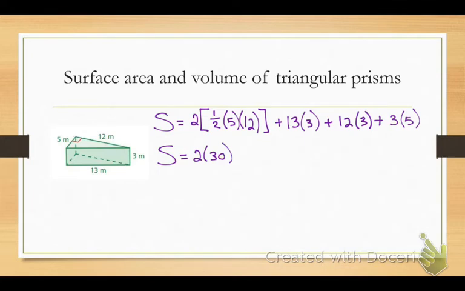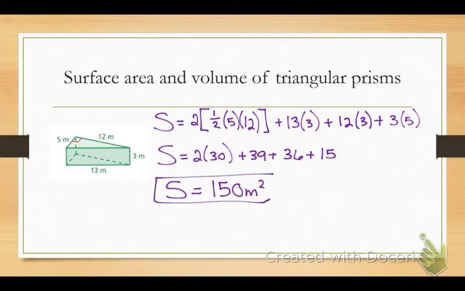So 2 times 30 plus 39 plus 36 plus 15. 2 times 30 is 60. When I add everything together, I get 150 meters squared. That's how I got 150. Any questions, guys, on surface area?